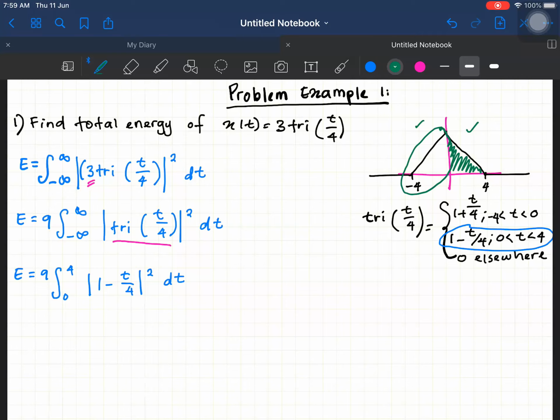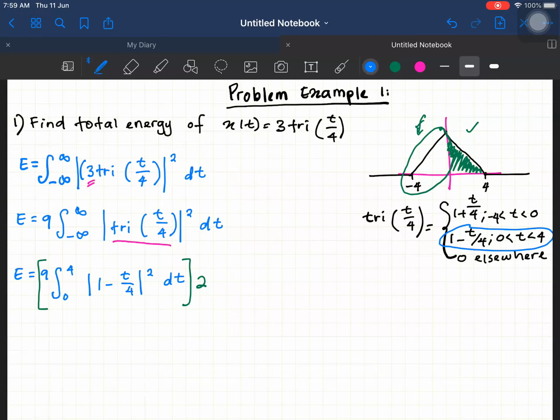So this is an even signal. In that case, we can do the integration using only half of the signal, but the whole thing has to be multiplied by 2, to cover for the part that we did not include in our integration.